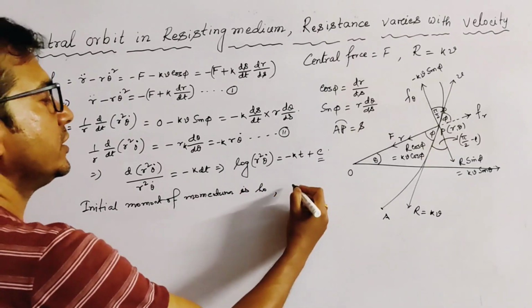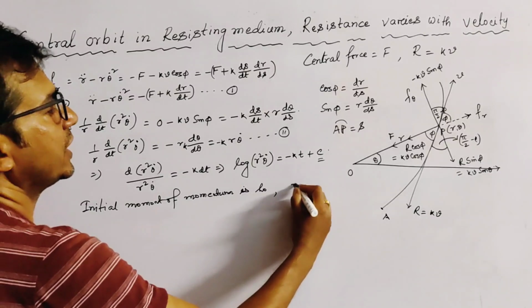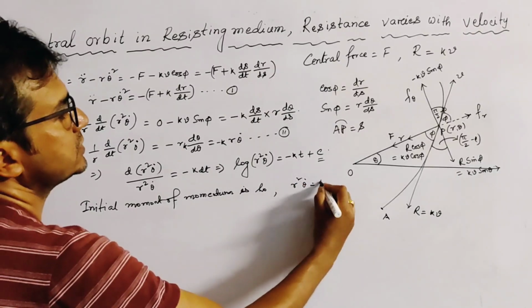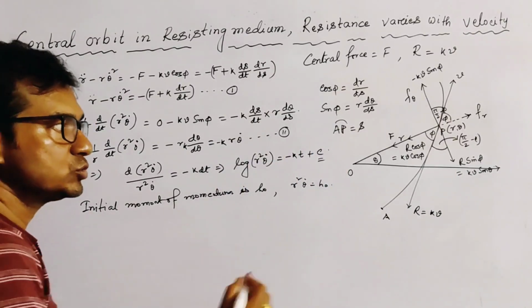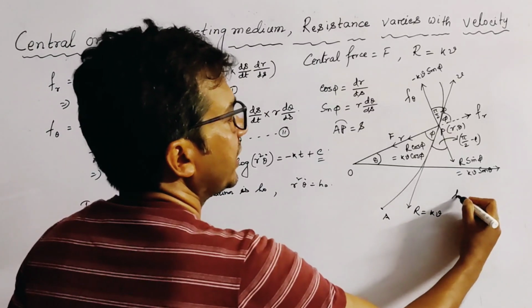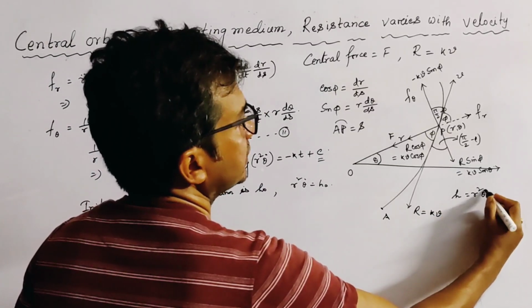Initially we get r square theta dot equal to h0, because we know that the angular momentum h is equal to r square theta dot.